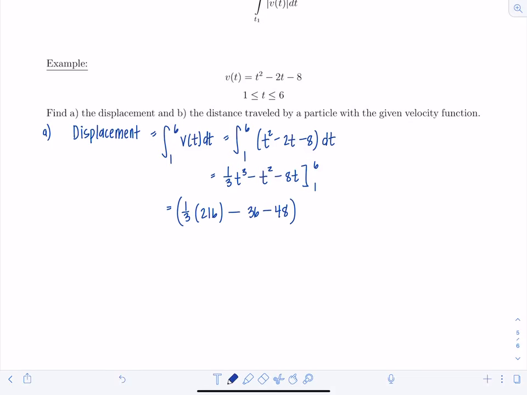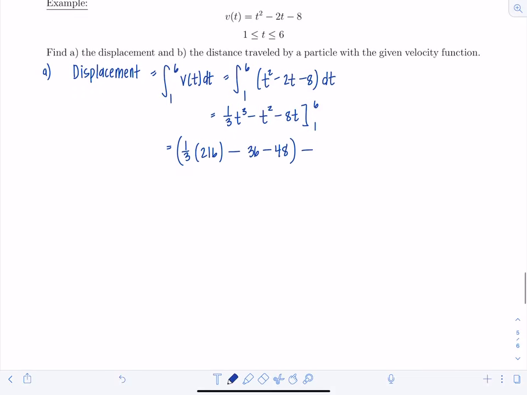So that's my upper limit. Minus, if I substitute in 1, I'm going to have 1/3 minus 1 minus 8. Okay. And then this is going to leave me with negative 12 plus 9 minus 1/3, which gives me negative 10/3.